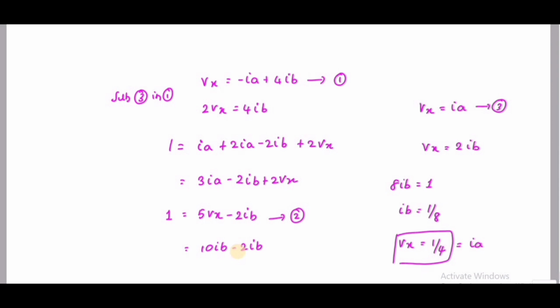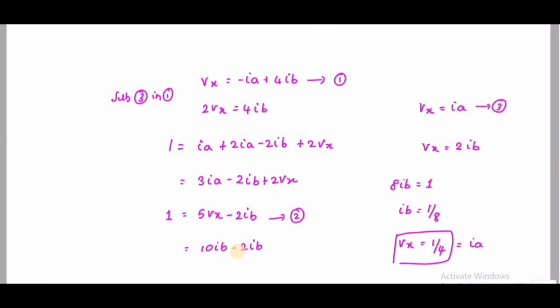So you substitute this equation in the second equation, you will get 1 is equal to 10Ib minus 2Ib, so 8Ib is equal to 1 and Ib is equal to 1 by 8. So if Ib is equal to 1 by 8, Vx is equal to 1 by 4, right?